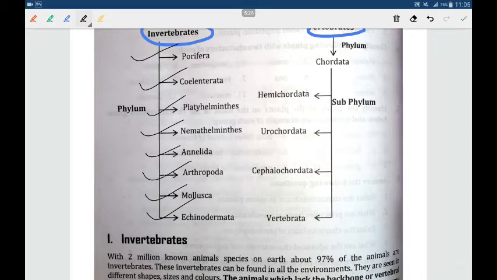And what about vertebrates? Vertebrates contain only one phylum, that is Chordata.